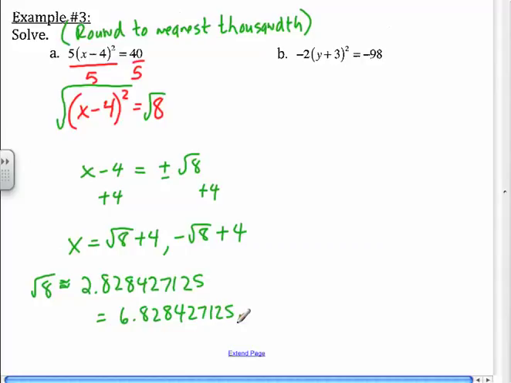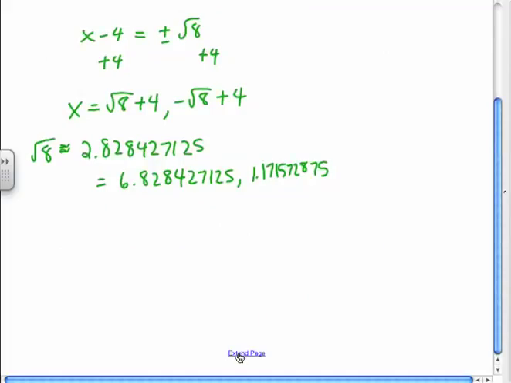Oh, I didn't do that right. The negative sign, guys, is right next to the decimal. Negative 2.828427125 plus 4 is going to give me 1.17157875. And then I need to round that to the nearest thousandth.